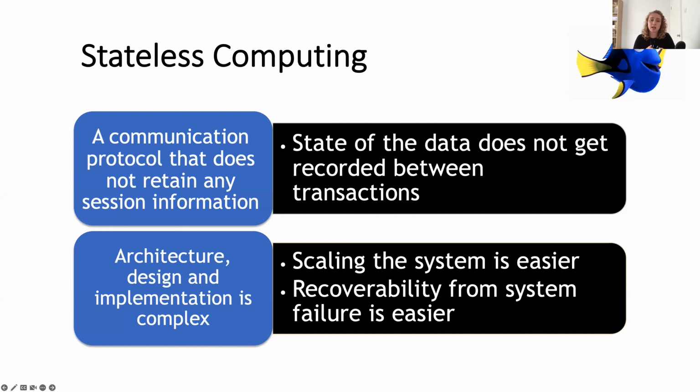Well, when it comes to scaling and recoverability, they're both much easier, usually much quicker, because we don't have to think about things like reinstantiating the state into our microservices if one were to go down and we want to bring another one back up to replace it. So it can be a lot quicker and easier for scaling, and a lot quicker and easier for recoverability as well.